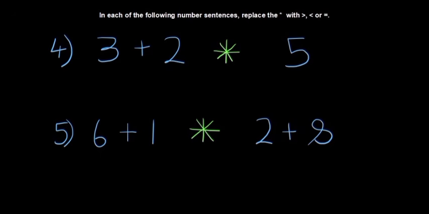Let's compare these numbers. So on the left hand side, we have a 3 added to a 2, which is a 5. And we have a 5 on the right hand side. So we know these numbers are the same, which means they're equal. So that means we're gonna say 3 plus 2 is equal to 5.